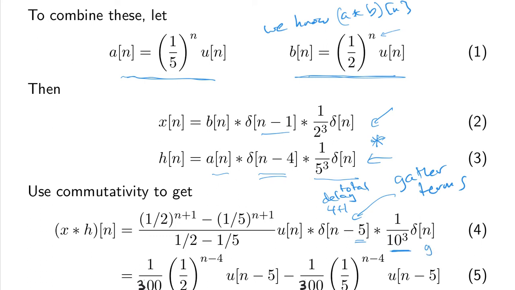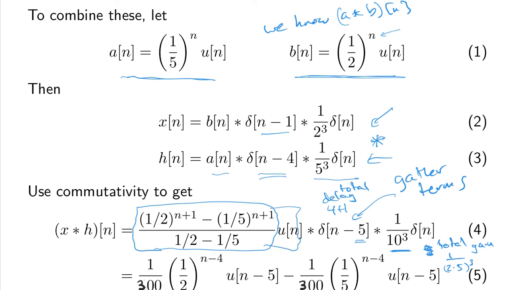We can call this the total gain, 1 over 2 times 5 to the 3. And then we just apply these delay and gain to the template. Sorry, this u of n should also be included.